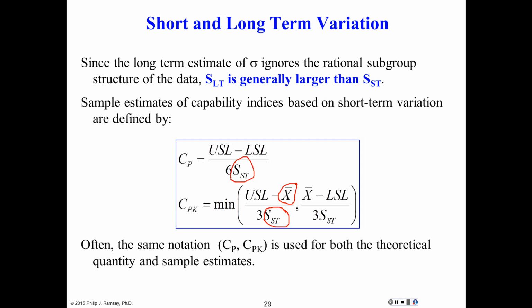It wildly varies even for a process that is in a state of control. Okay. So that's the problem with them. You estimate a CPK, but the estimates are wildly varying from sample to sample. Therefore, one has to be careful not to make a literal interpretation of these estimated indices.